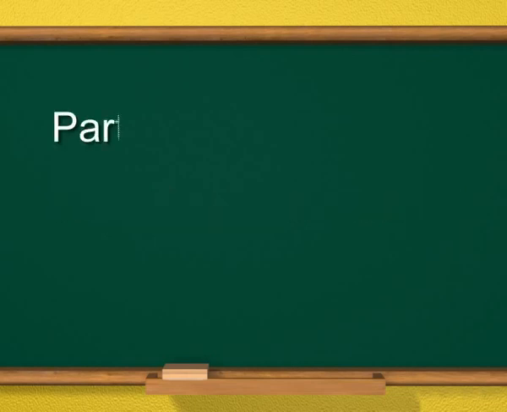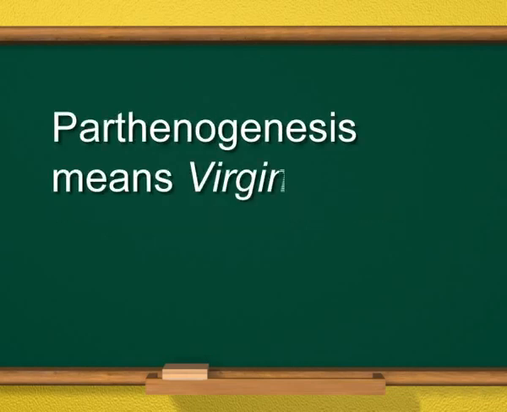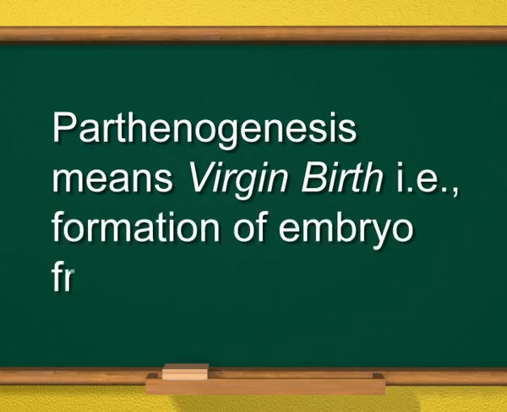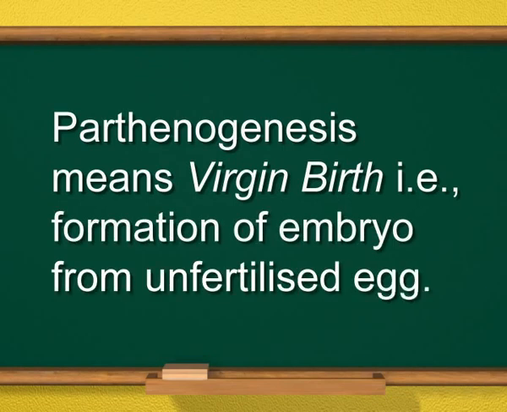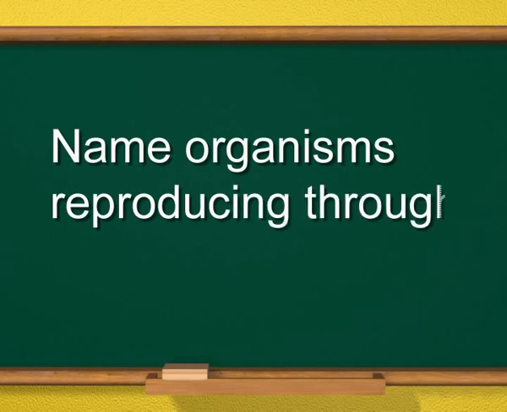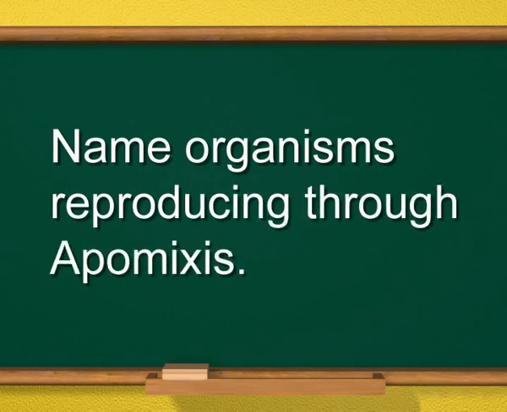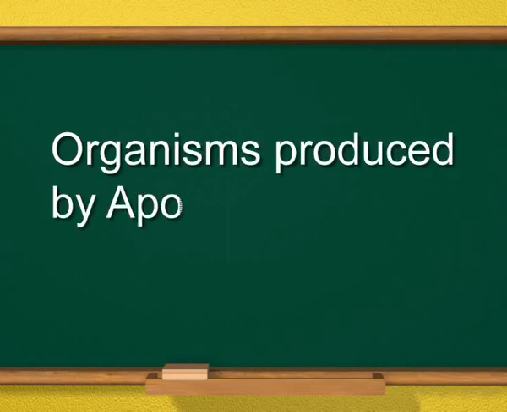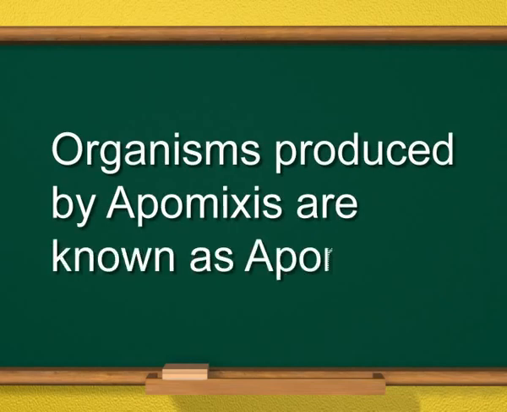Answer, Parthenogenesis means virgin birth, that is, formation of embryo from unfertilized egg. Next question, name organisms reproducing through Apomixis. Answer, organisms produced by Apomixis are known as apomictic.